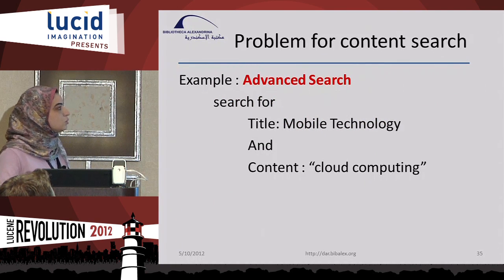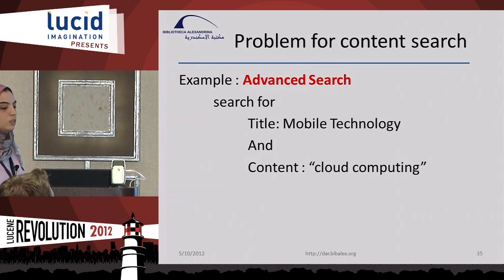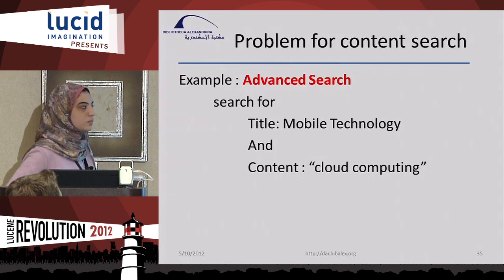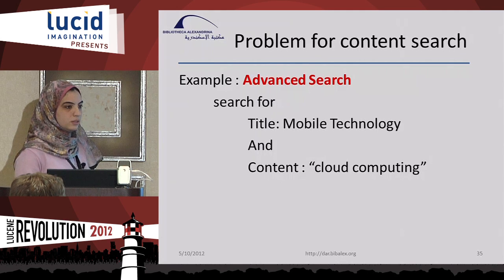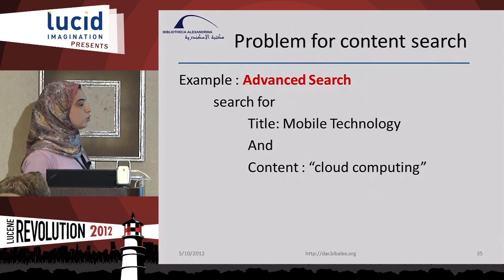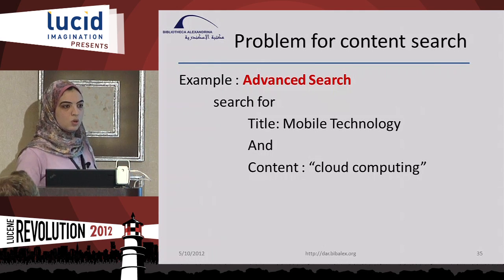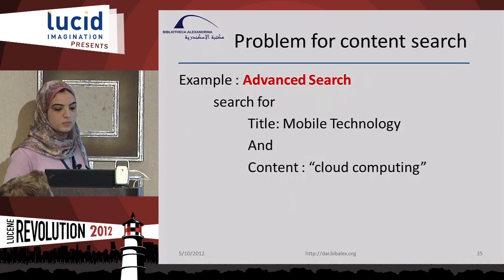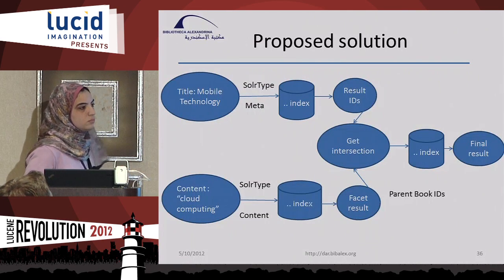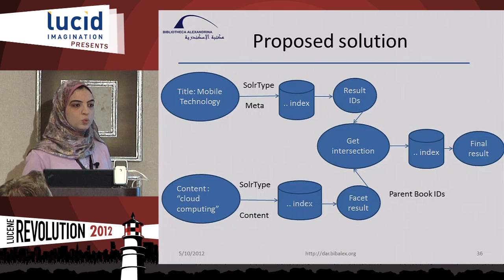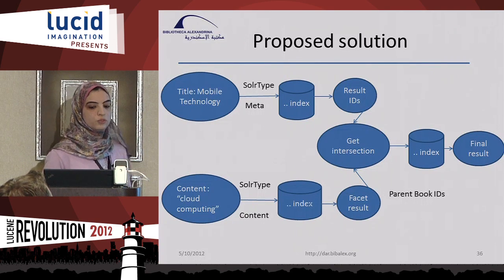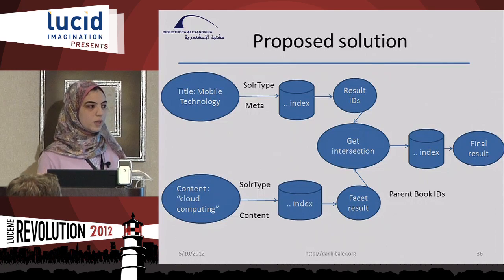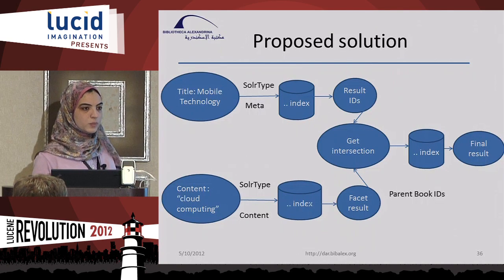Let's see an example to figure out what the problem is. If you would like to do an advanced search, the title, for example, mobile technology, and the content we'd like to search for cloud computing. What will happen? Actually, we'll divide this query into two sub-queries. The first query will go and search for title equal to mobile technology in the metadata.